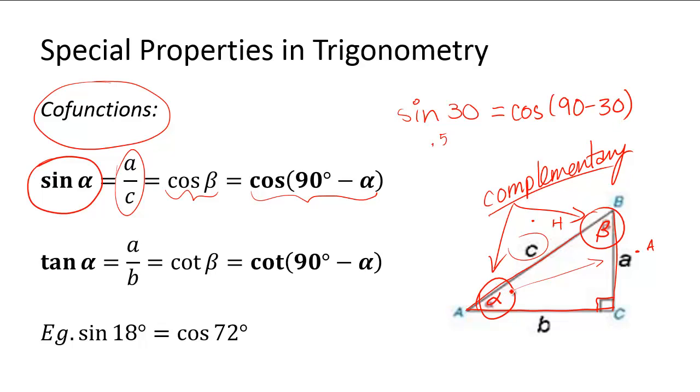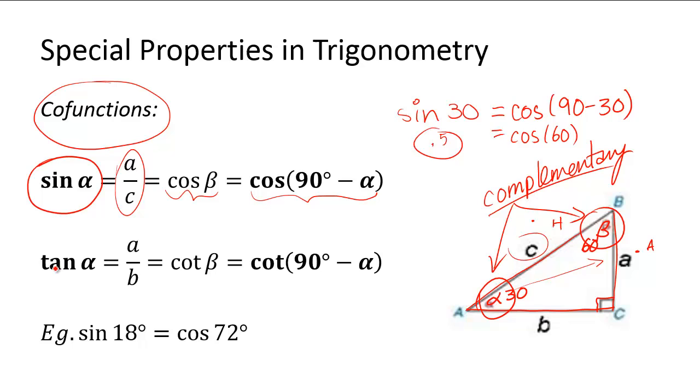Well, it should be, because if this is 30, then this is 60, and so the proportions should equal according to the picture. But let's try it out. Is sine 30 equal to cosine of 60? Type in cosine 60, check it out, boom, they're both 0.5.